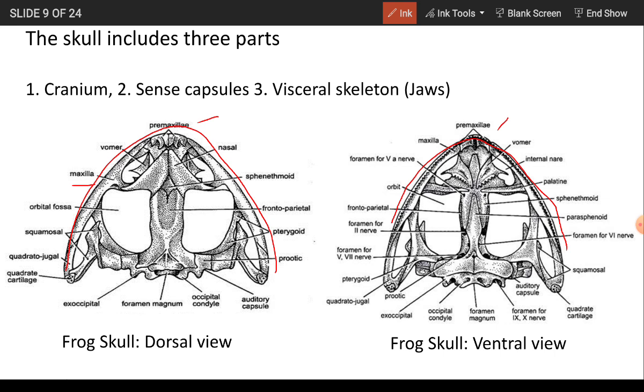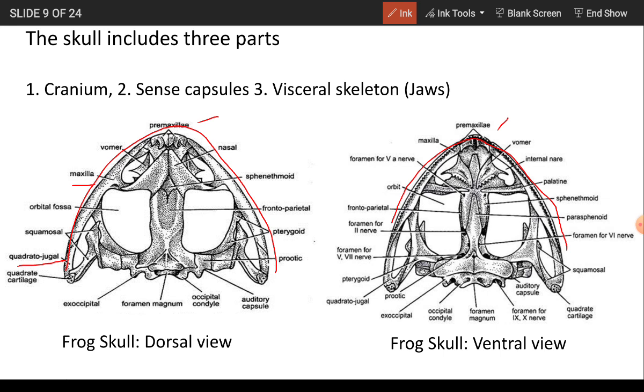So this is the quadratojugal. The maxilla is connected with the quadratojugal backwardly and articulates with the palatine and the anterior limb of the pterygoid.